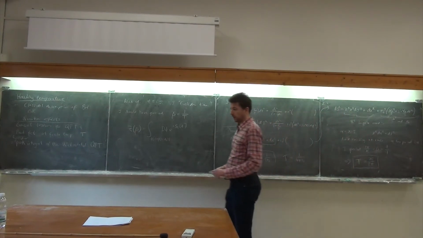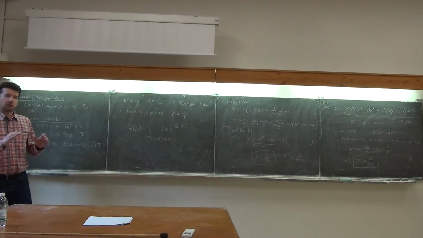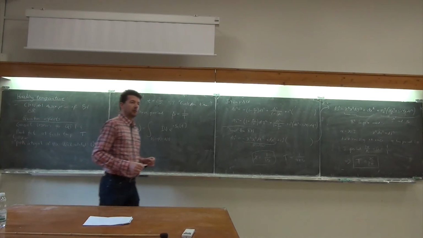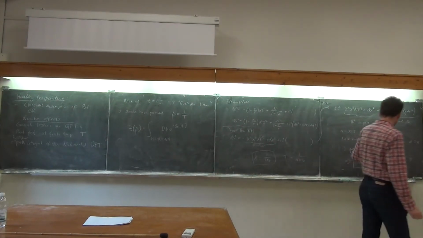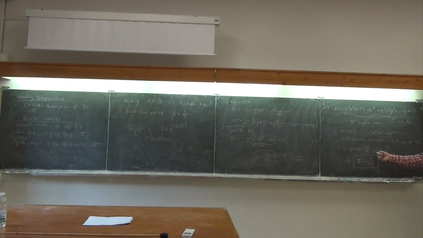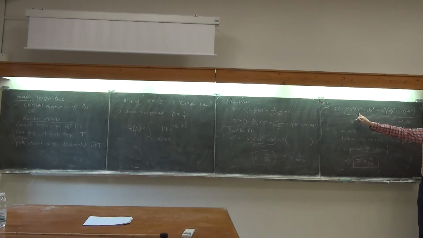Once you're in Euclidean space, all you demand is that the solution should be free of singularities. And that means you're forced to choose this periodicity of time. So this is just a clever way to see how to avoid the potential singularity that you have.